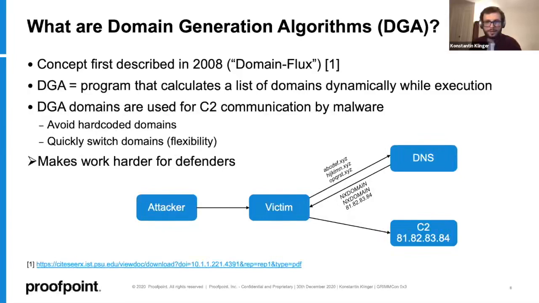Attackers are using DGAs to avoid hard-coded values for C2 domains and to be able to quickly switch C2 domains and the IP addresses beyond the domains. So they can quickly switch IPs and domains to hide themselves in the network traffic. This makes it harder for defenders to detect, block, and take down malicious infrastructure.